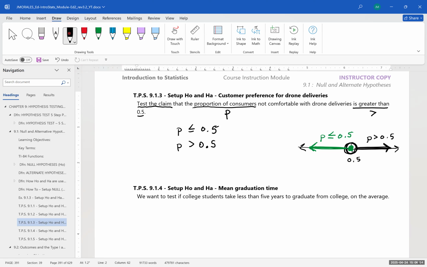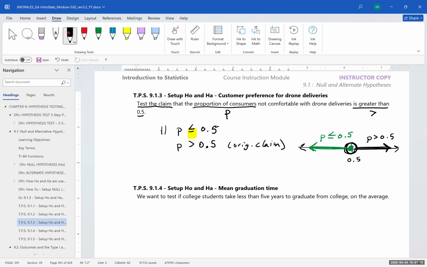Okay. And I keep forgetting this, I gotta make sure I don't forget. Our original claim was this one. Now between the two, which is our null and which is our alternate? The null hypothesis is the one with an equals in it.